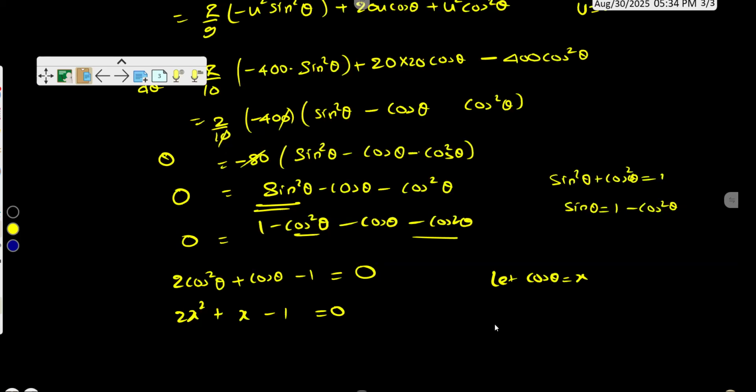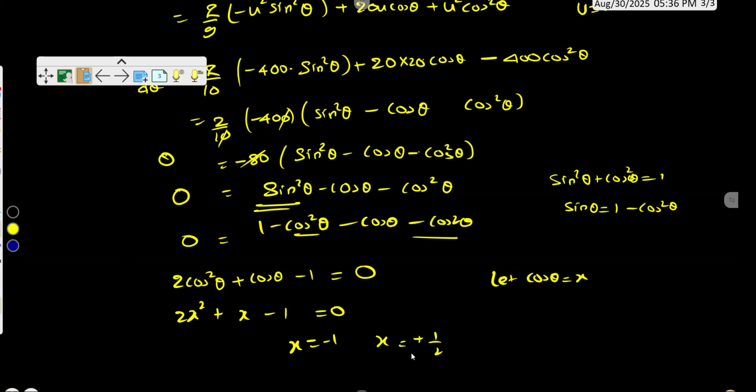When we factorize this equation, the roots would be either x is equal to minus 1 or x is equal to plus half. These are the two roots.